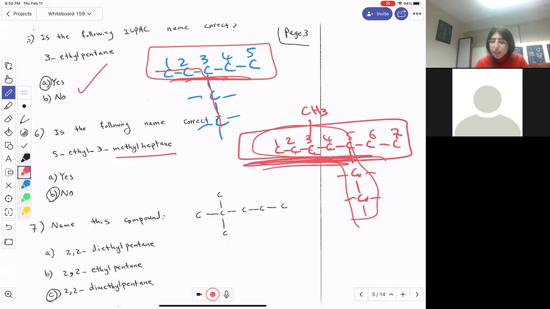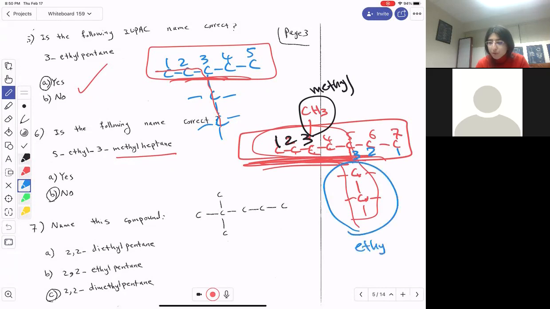But if I go this direction, 1, 2, 3, I encounter the methyl branch. If I go the other direction, 1, 2, 3, I encounter an ethyl group. Both are the same distance, so I go in the direction that is alphabetically prioritized. So I should say 3-ethyl-5-methylheptane, right? That's why this name is wrong.